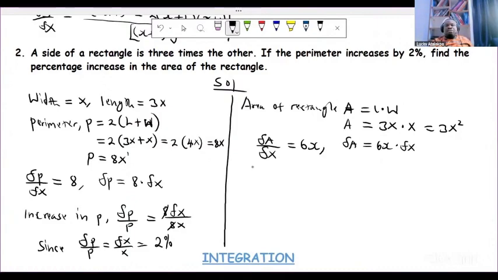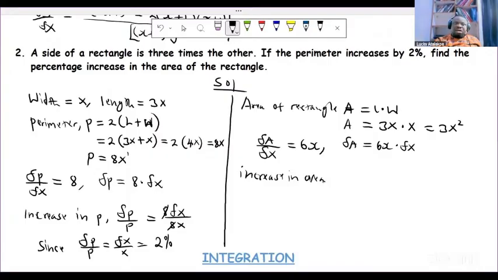So the increase in area means I will do dA over A. And our dA is 6x dx, and our area is 3x squared. 3 can go in 6 2 times. x cancels 1x. So we have 2 dx over x.